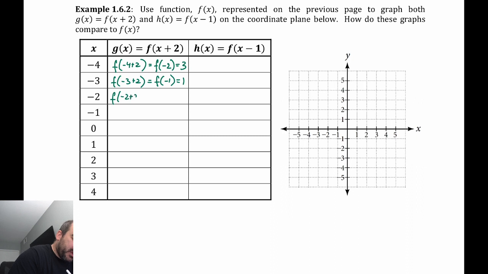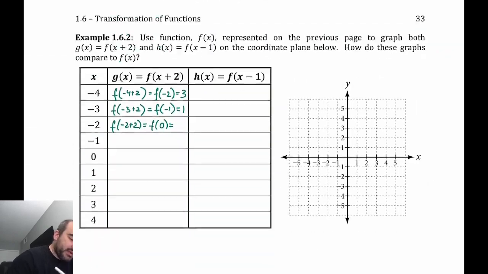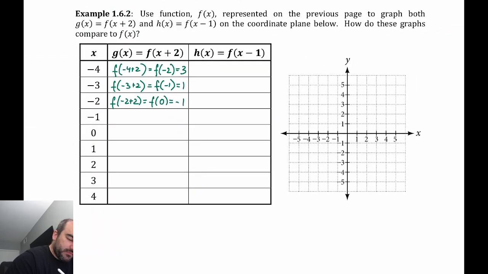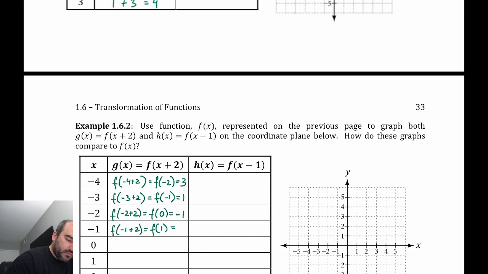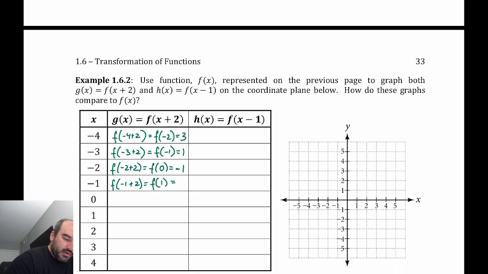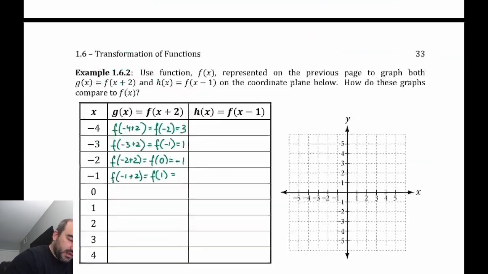F of negative 2 plus 2 means f of 0, which from the table is negative 1. F of 1 is negative 3.